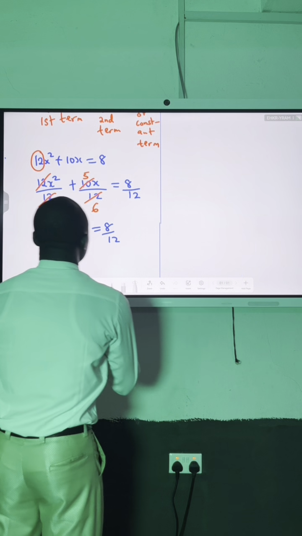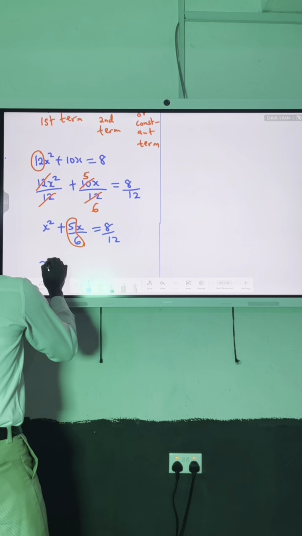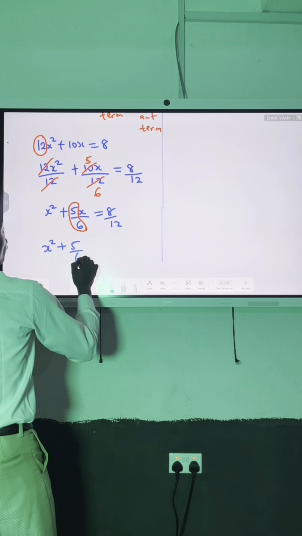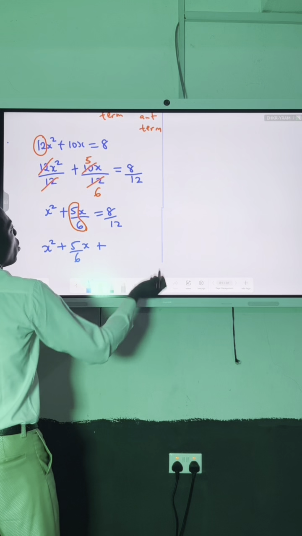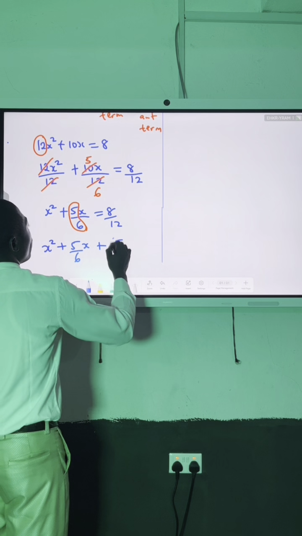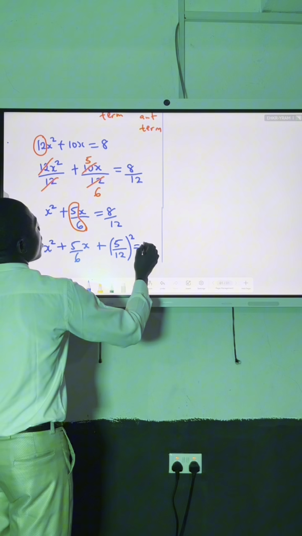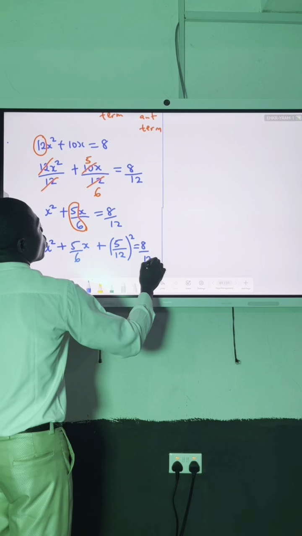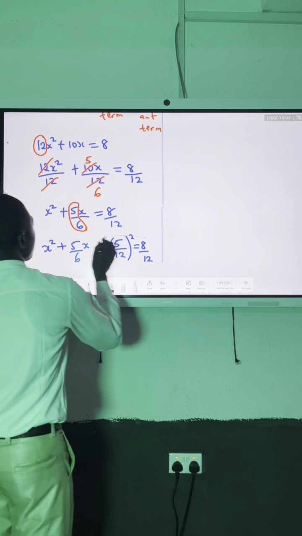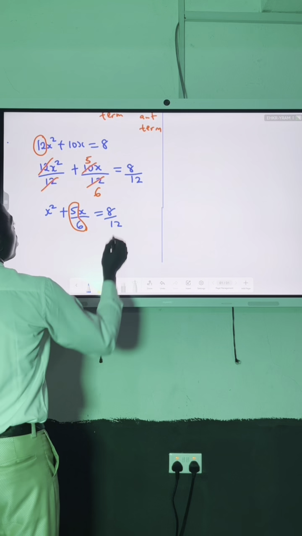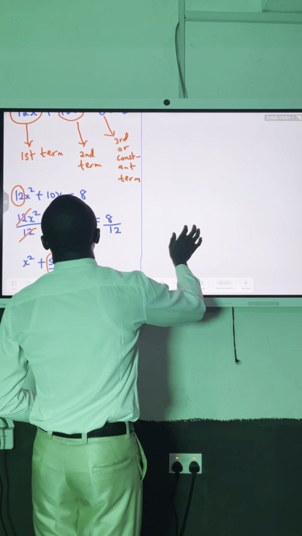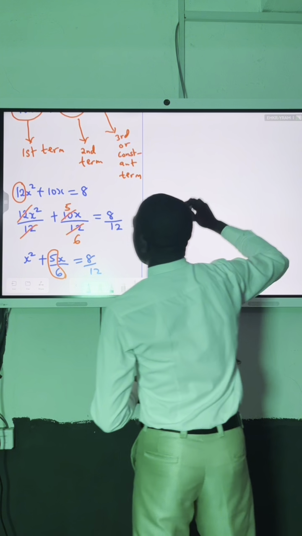So you're going to have x squared plus 5 over 6x plus, then you now add that, 5 over 12 all squared, is equal to 8 over 12 plus the same. And then let me take it to this other side so that we have more space to accommodate this. All right. So let's have it over here.